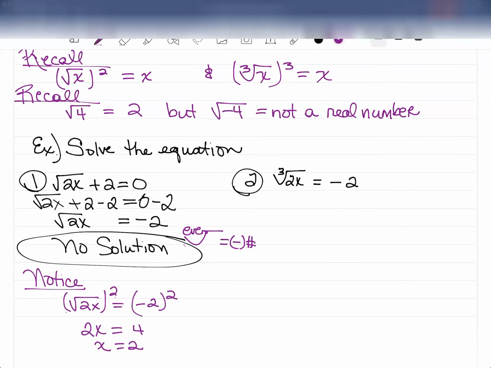If I try to plug that in and do my check, I will have the square root of 2 times 2 plus 2 equals 0, because when I do my check, I go back to the original problem. That's going to give me 2 plus 2.